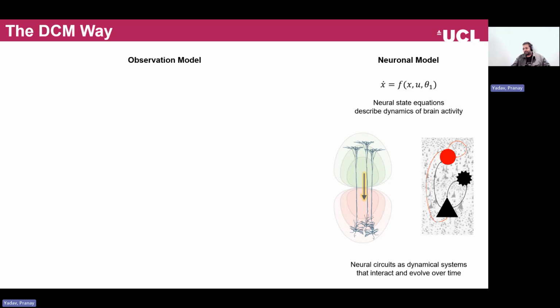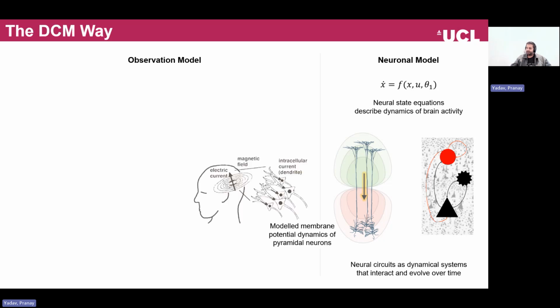The output of this circuit is usually the depolarization of pyramidal neurons. And it is this activity that is treated as the activity of a cortical source, which could be electrical activity or changes in the magnetic field.